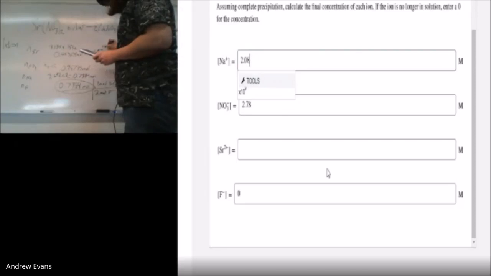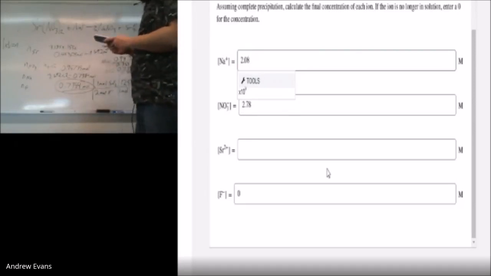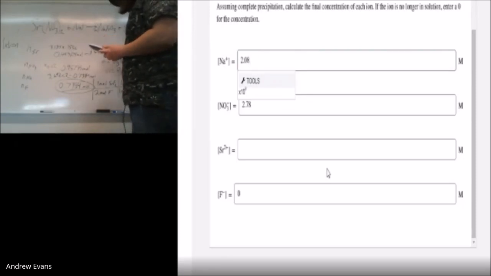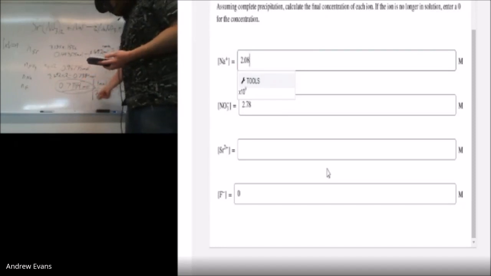Reacts. So how much strontium would be left if I removed 0.3692? You would get 0.124475 moles left. So I calculate this divided by 2.